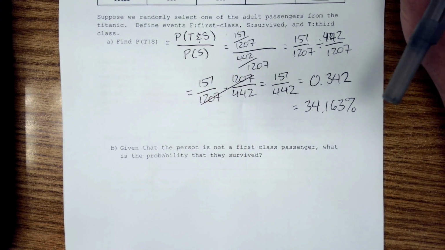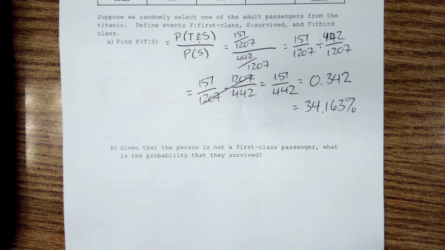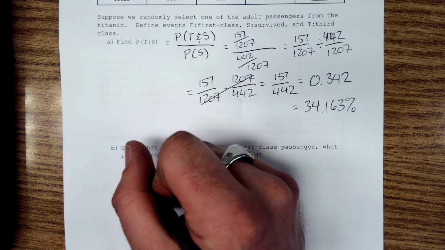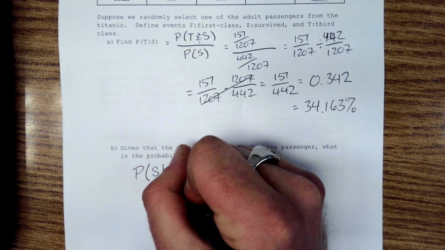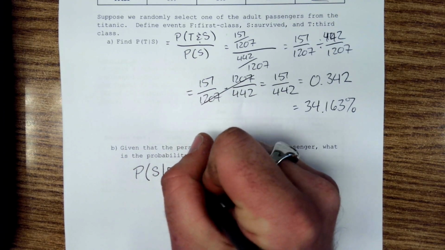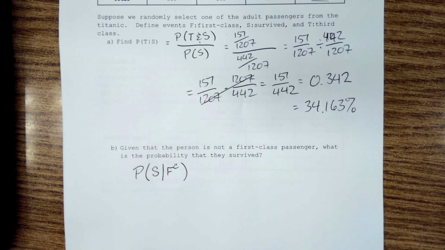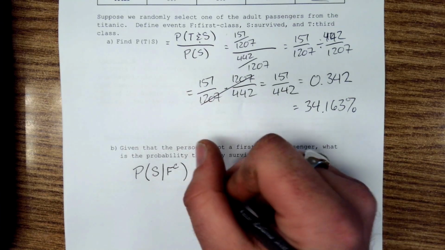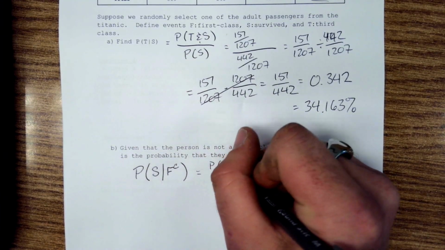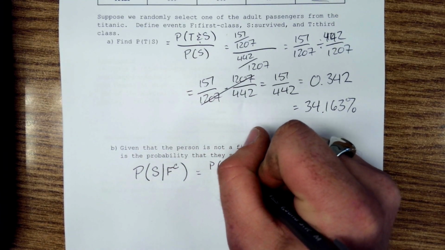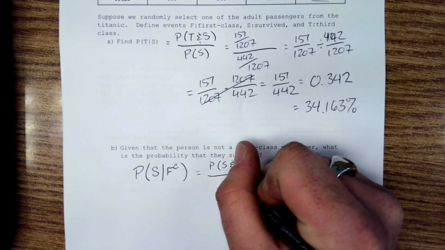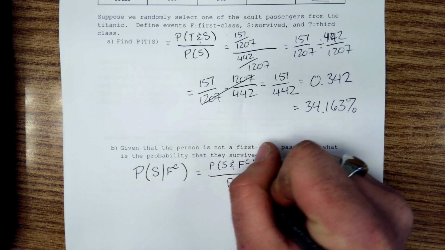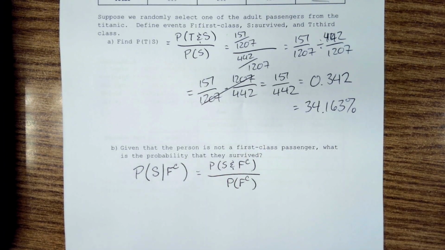So given that the person is not a first-class passenger, what's the probability that they survived? So we are finding the probability that they survived given that they were not a first-class passenger. So again, that's just going to be the probability that they survived and were not in first class divided by the probability that they were not in first class.